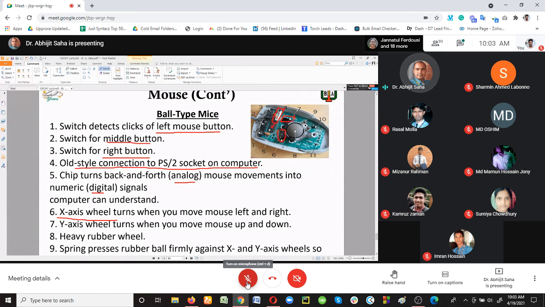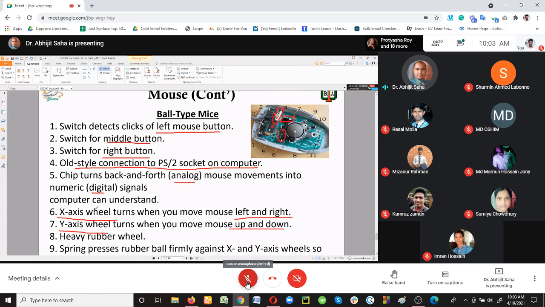When you are using a ball mouse, if you're moving from left to right, at that time this wheel is going to move. And in case of number seven, if you're taking the mouse from bottom to up or up to bottom, that is going to be the y-axis wheel.